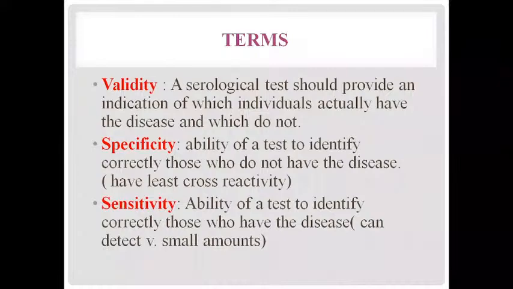If you are looking at somebody who is infected with this particular disease, then your kit should be able to detect it. And this can be tested by using previous samples that are known to be positive and negative for this particular disease. If you have a new kit or a new reagent, you can use the previous samples to run it before you run patient samples.